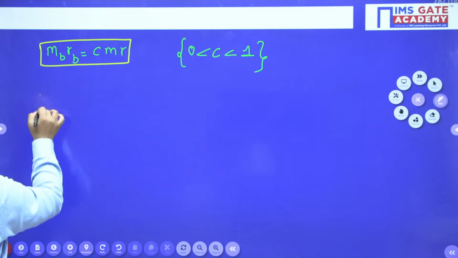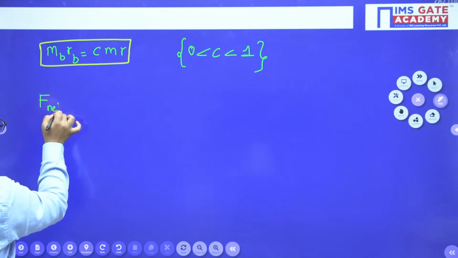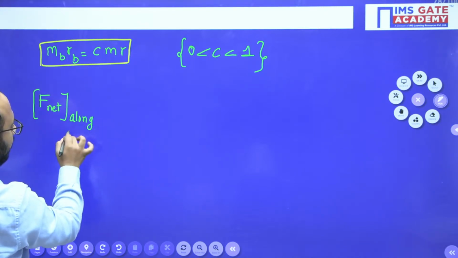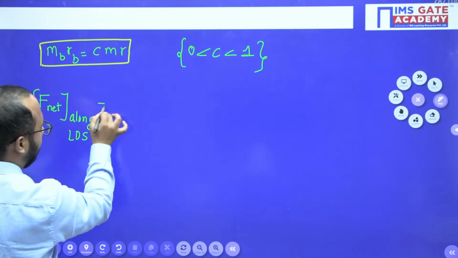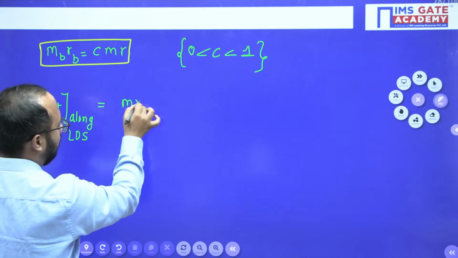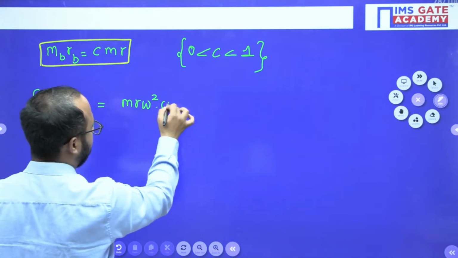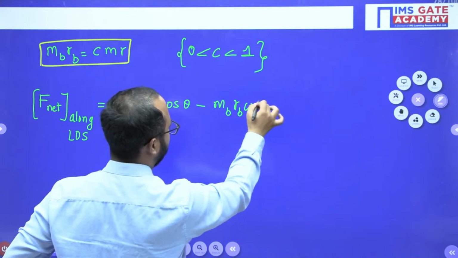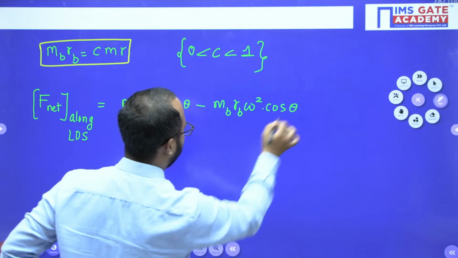See, they will frame the net force along the line of stroke. So it will be equal to m r omega square cos theta minus m_B r_B omega square cos theta. Now try to understand.